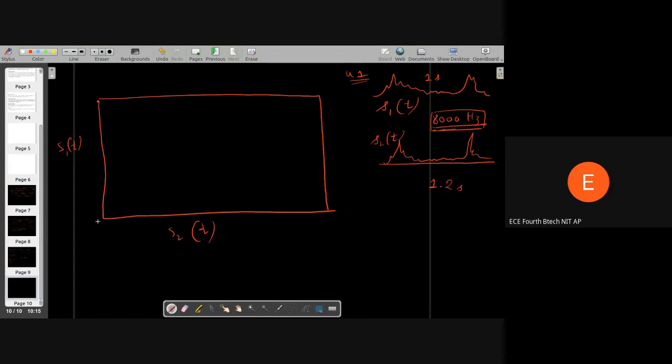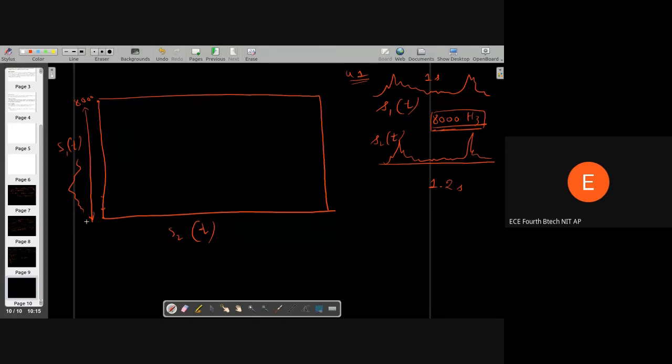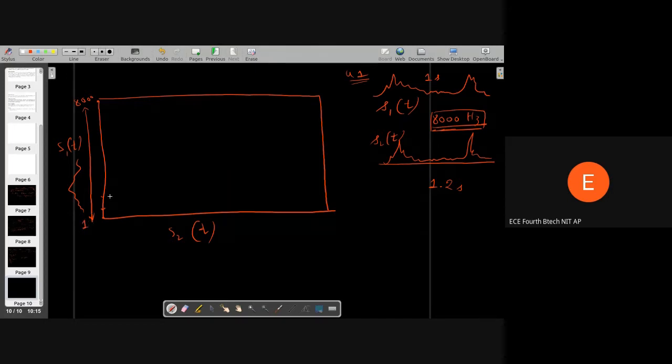So S1T will have 8,000 samples. If this is 8,000, length is 8,000. You can say 0 to 7,999 samples, or 1 to 8,000. I'm putting 0 for your benefit.